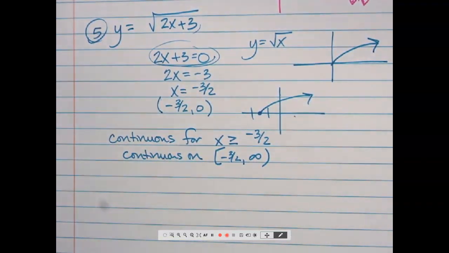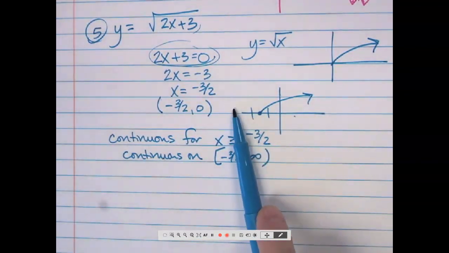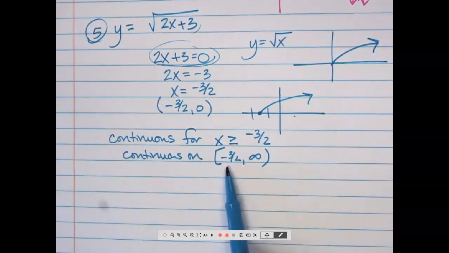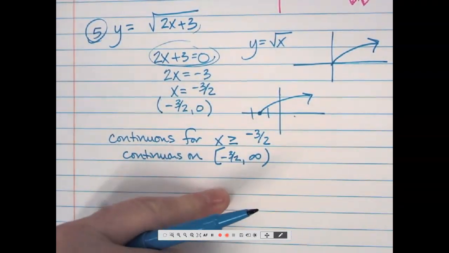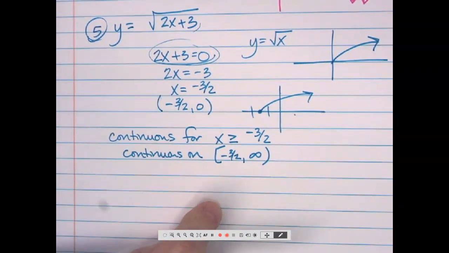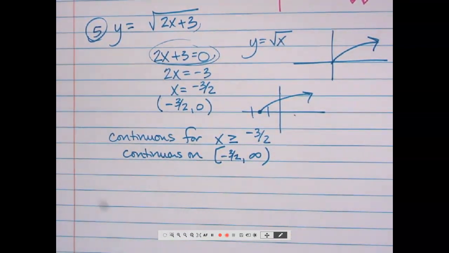Hmm? If you put continuous. Yeah, I mean, it is a continuous graph. It's just that it doesn't exist back here, and that's indicating. So you have to explain it like that? I think that would be the best way, but if I just said, is this continuous, then I would say, yes, it is. And now that really the directions said find the points of discontinuity, and there really are none.